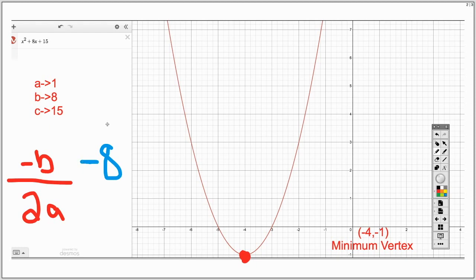If it was already -8, then this minus would make it positive. But for this example, -b would be -8, divided by 2 times a. Our a is 1, so 2 times 1 is 2. So -8 divided by 2 is -4.